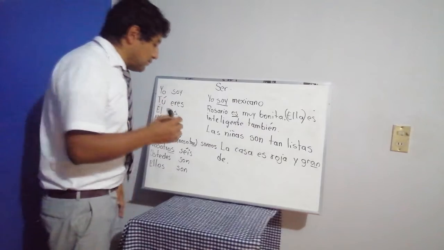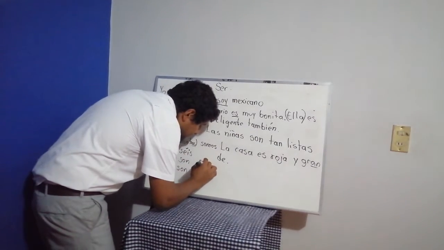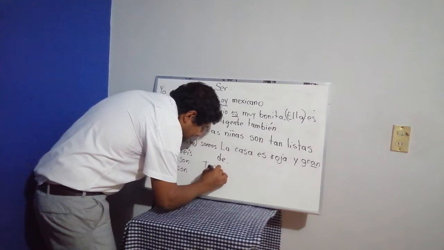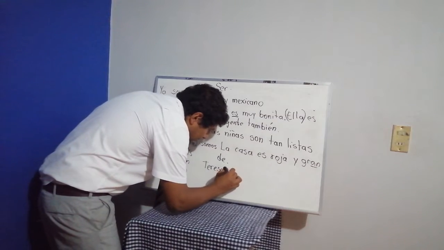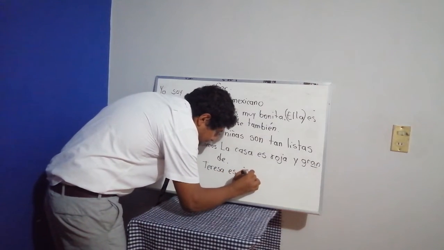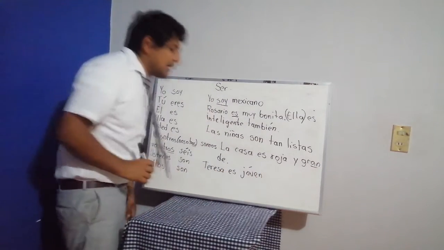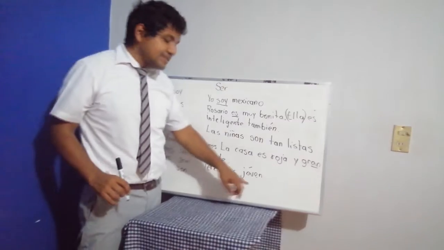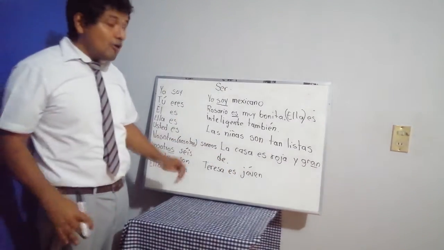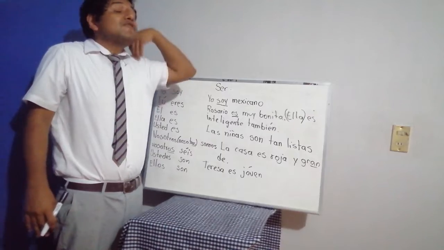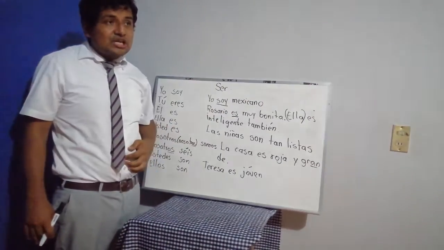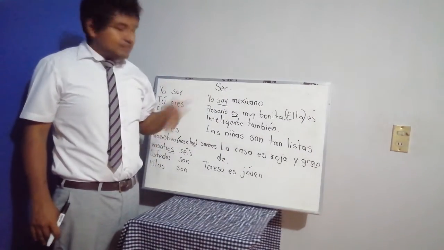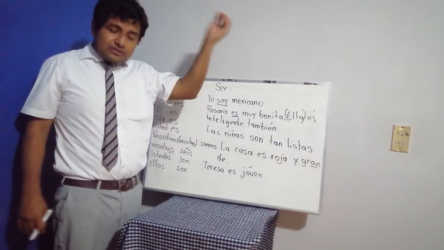So for example, Teresa es joven. Yeah, that means Teresa is young. Yeah, Teresa is joven, but right now, probably in the future, it's going to change. Well, in the future, we know that's going to change.